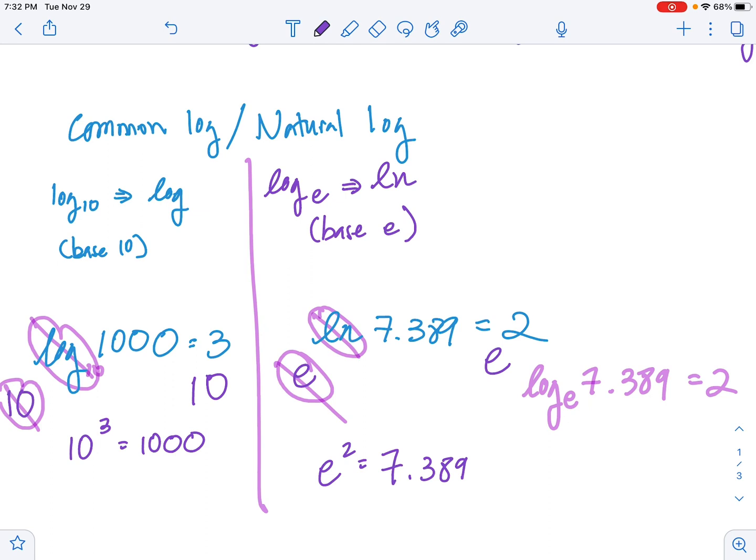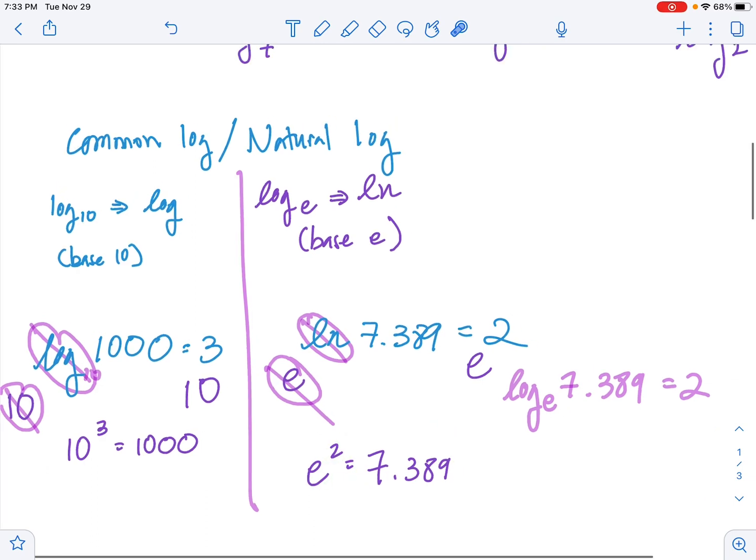It actually goes on and on and never stops, but we're rounding it to 3 decimal places. If you put this in the calculator, you'll find an e button, and e to the power of 2 should give you 7.389.